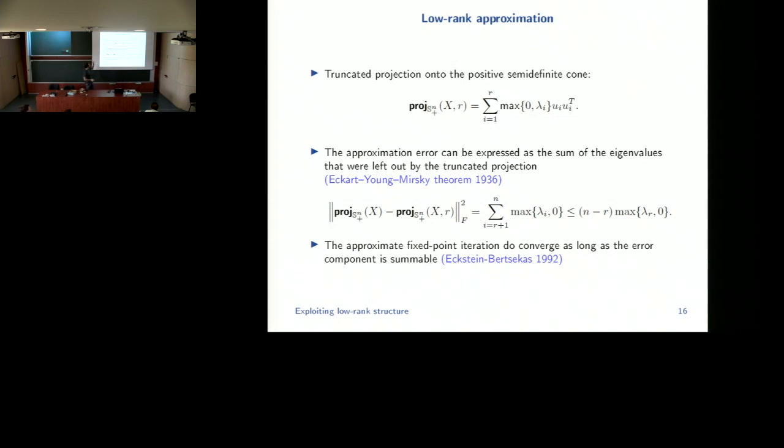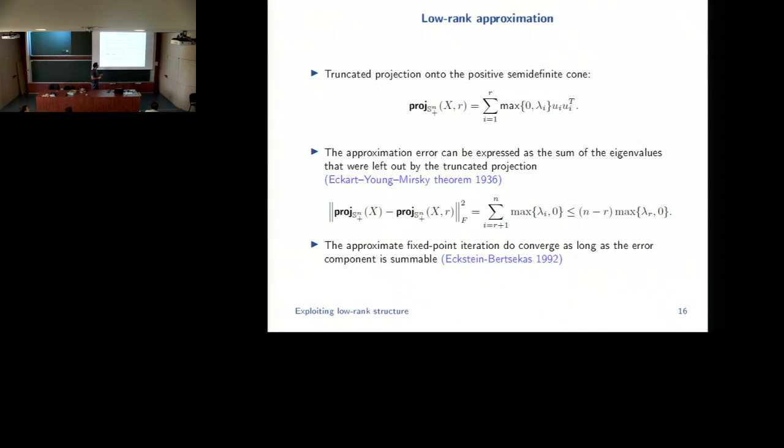And there is this old theorem that says that the difference between the real projection and the truncated projection is not bigger than basically n minus r times the largest eigenvalue you have.